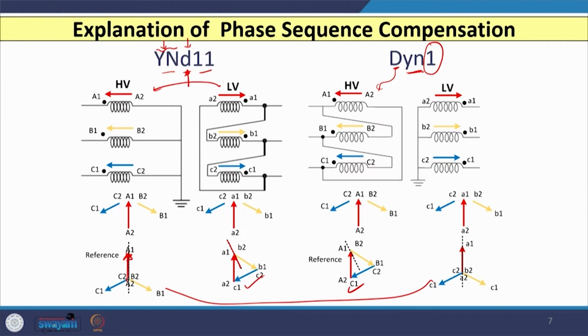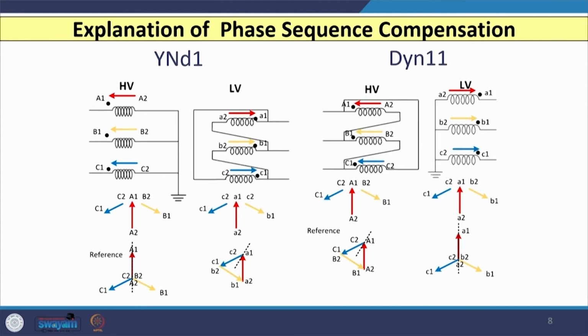with reference to the HV winding phasor. Similarly, if I consider the other connection, let us say star neutral grounded with delta 1 connection, then you can see that I have shown the diagram here, and the three phasors as your HV winding is star with neutral grounded.